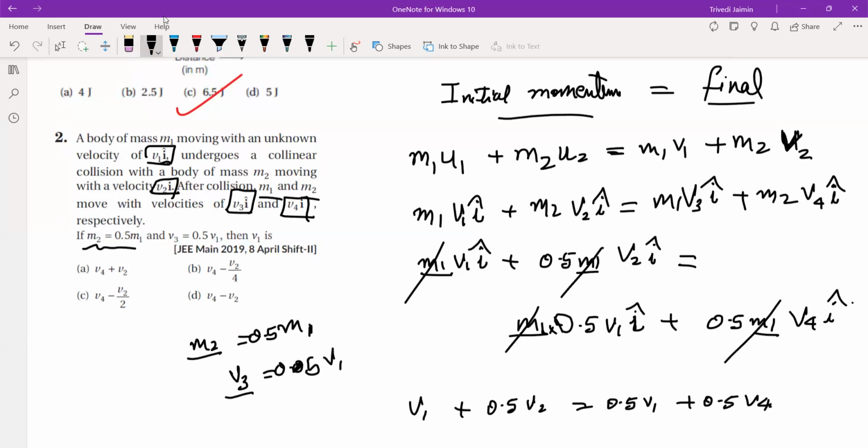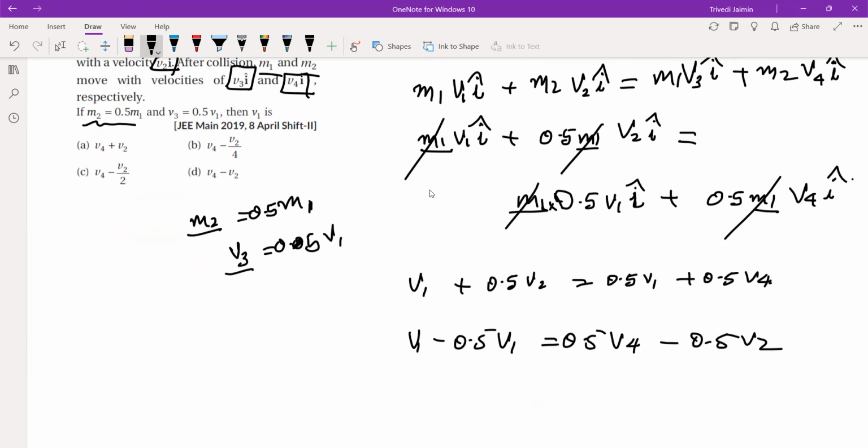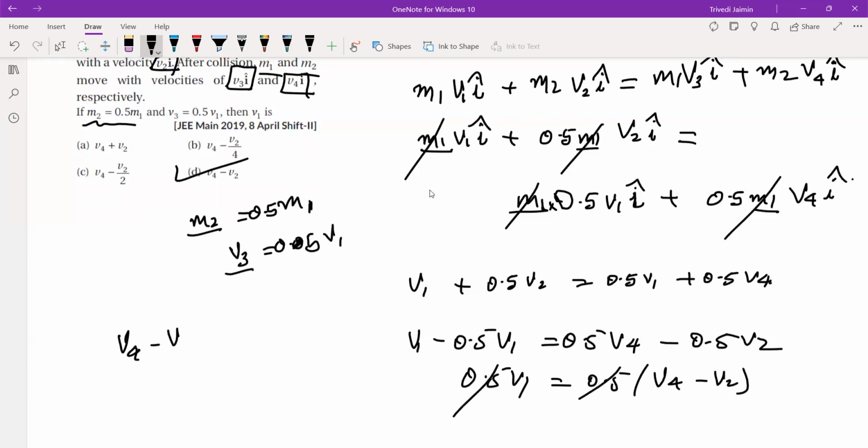Then M1 should be also the same. Okay, not a problem. So V1, let's move this side and send this V to that side. So V1 minus 0.5 V1 equals 0.5 V4 minus 0.5 V2. This will be 0.5 V1, so 0.5 common, V4 minus V2, times 0.5. So V1 is option D, V4 minus V2. That is V1.